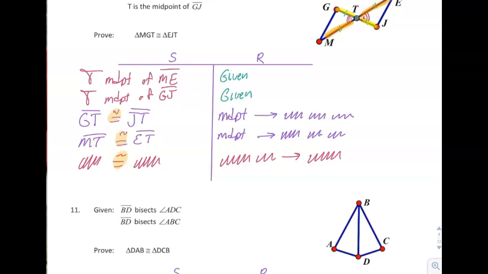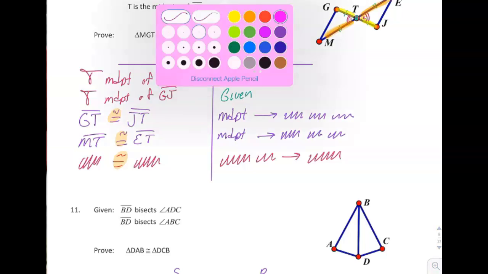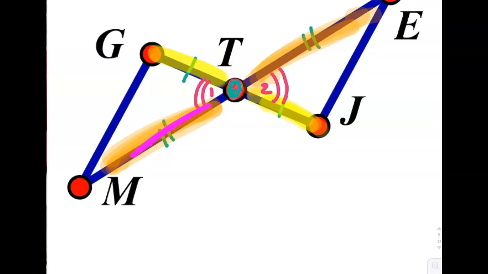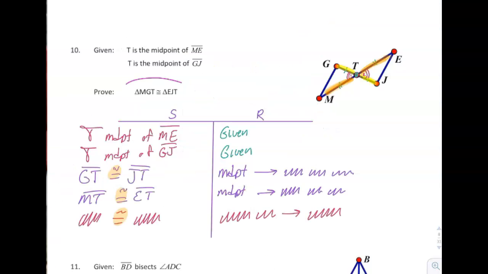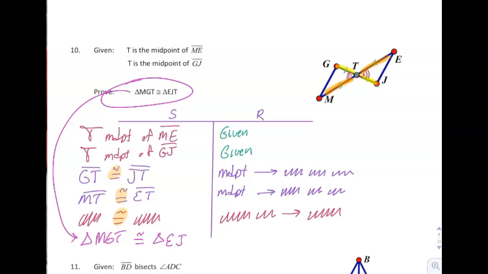Let's see what we have on our picture here. Side, angle, side, right in a cluster like that. Side, angle, side. So I write this down here. Triangle MGT is congruent to triangle EJT because of side, angle, side.